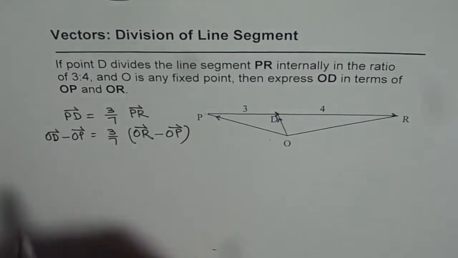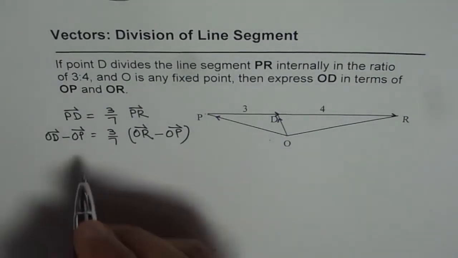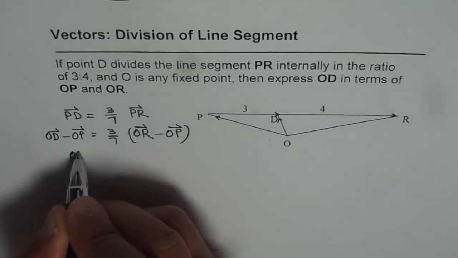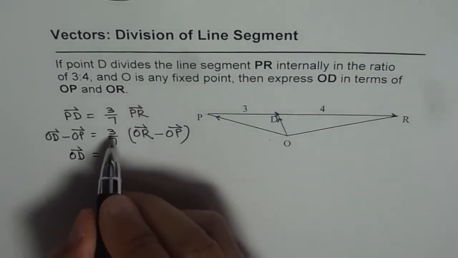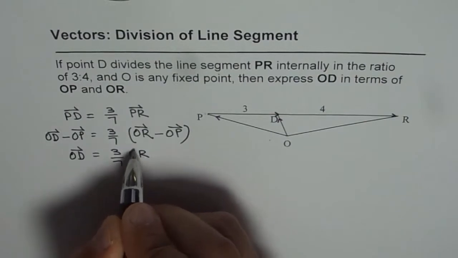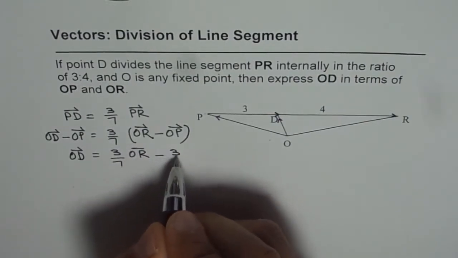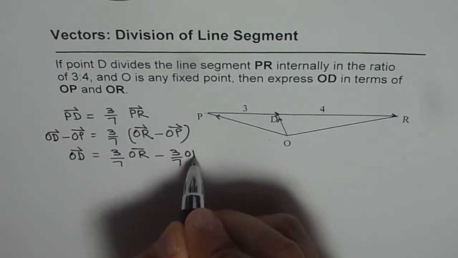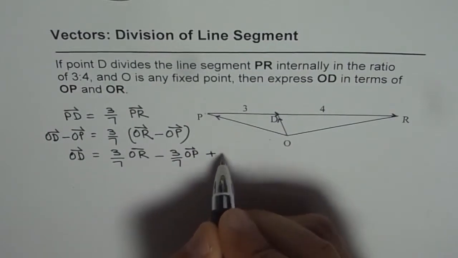We need to find what OD is. So let's take OP on the right side and find what OD is. So OD is equal to, let's open this bracket also, 3/7 of OR minus 3/7 of OP plus OP.